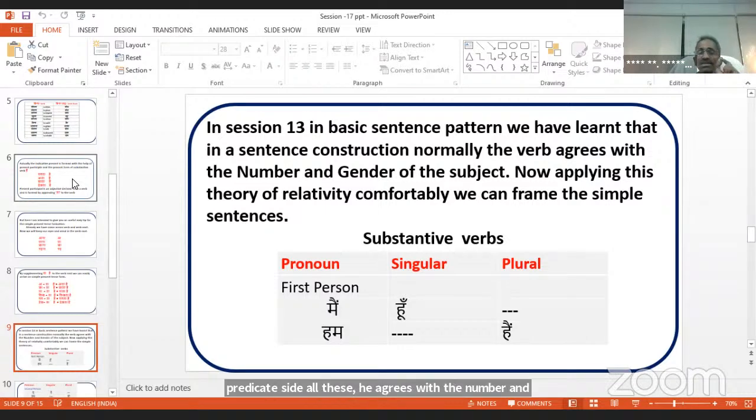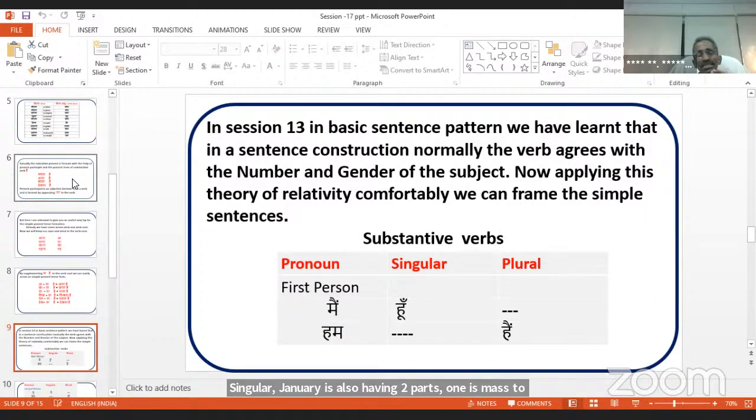Number has two parts: singular and plural. Gender also has two parts: masculine and feminine.